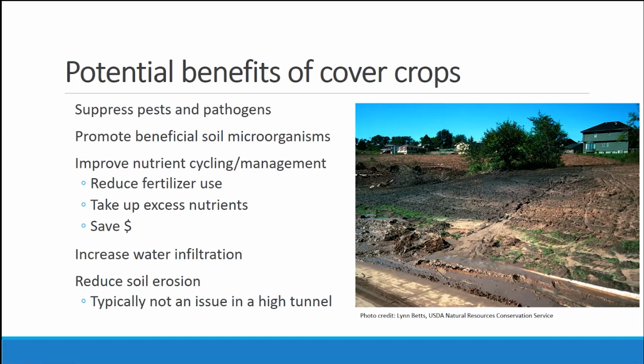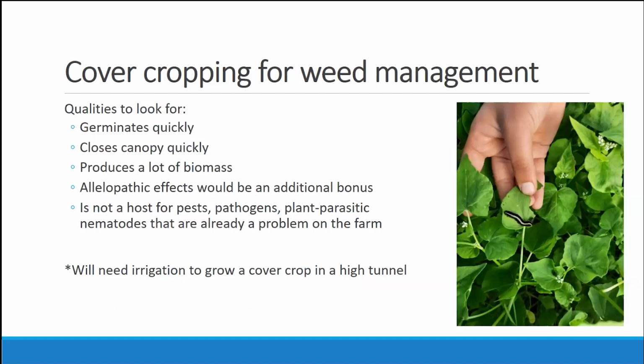So qualities to look for regarding weed management would be it germinates quickly, it closes canopy quickly, right? So you want your cover crop to compete well with your potential weeds, right? So you'd want to start with a clean slate, right?